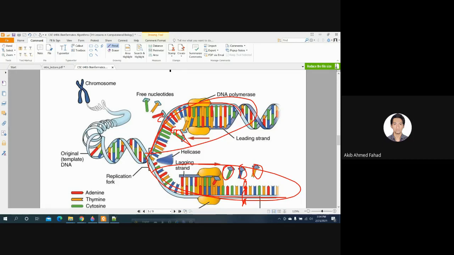Yes. So these two DNAs will be exactly the same as this original template DNA, because the single strand is remaining and complementary base pairs are going into the corresponding places. So the exact same copy is being made. So is the idea clear how the exact same copy is made during DNA replication? Yes, sir.